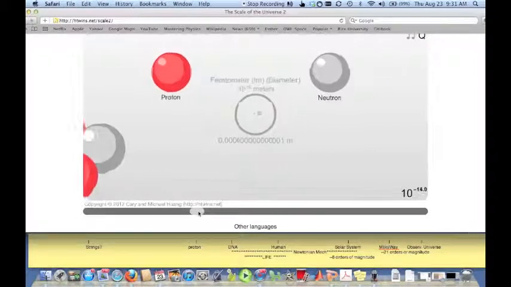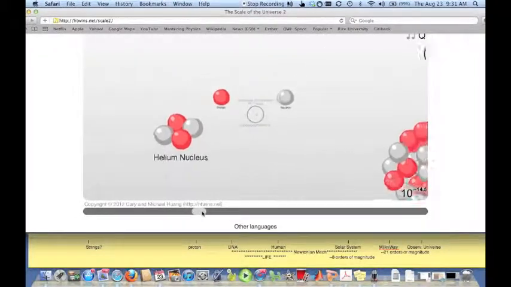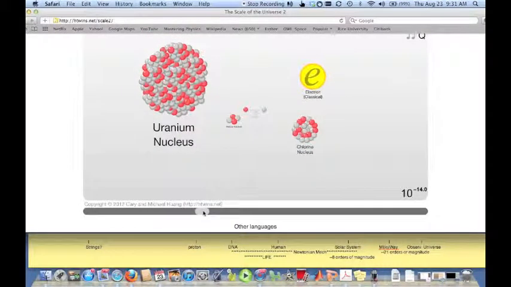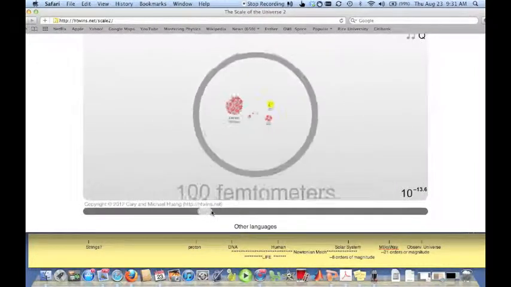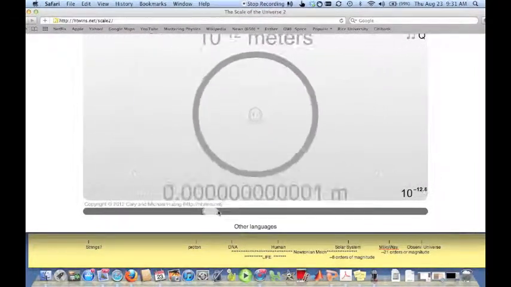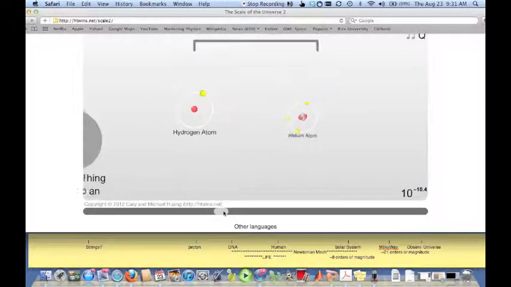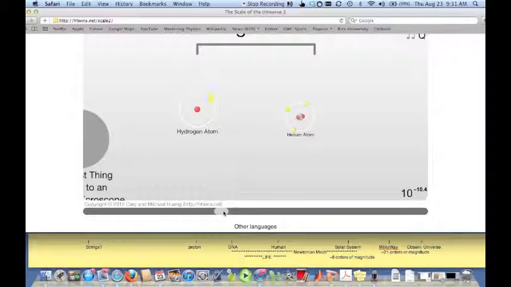If you keep going up, then we're talking about the size of the nucleus of an atom, which is of the order of 10 to the minus 14. Now, if you were looking at an atom, would you be able to see the nucleus? If you could, with your eyes, see an atom, can you see the nucleus?